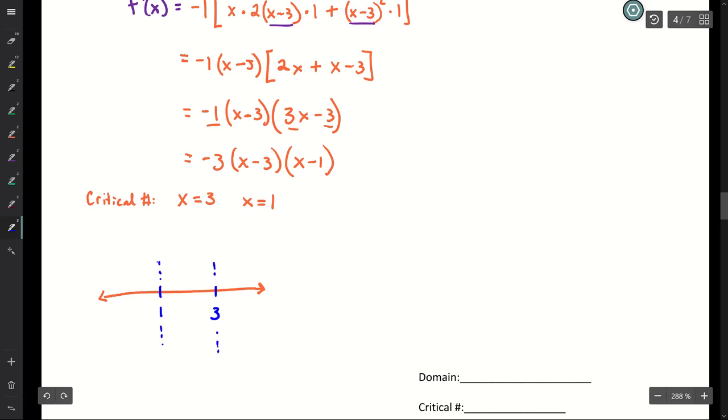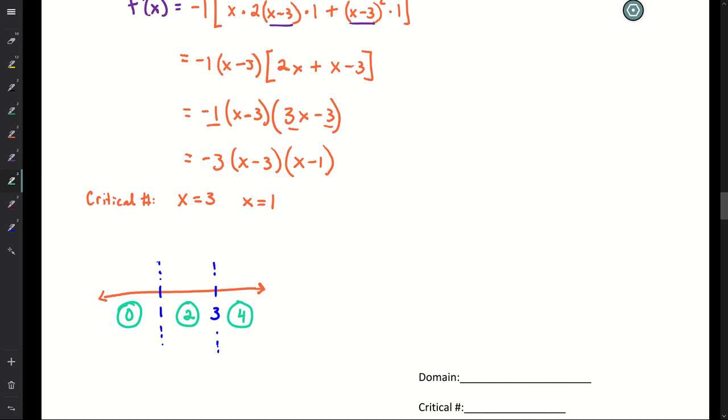All right, and then I'm going to pick some test values. Let's say I pick 0 over here. Something between 1 and 3 that's nice. Let's say it's 2. Something to the right of 3. Let's say 4. If you ever get into the situation where you need to choose something between, let's say, 1 and 2, you could choose 1.5, and then you could use your calculator to determine the sign of your derivative.